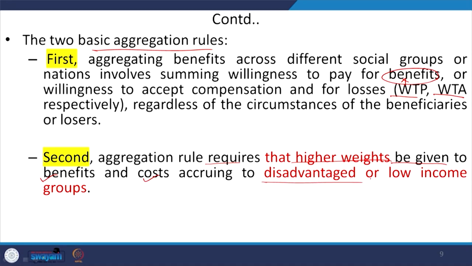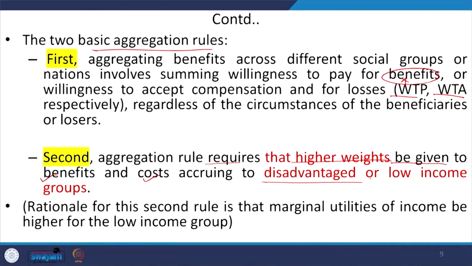Obviously, more weight would be given for the less privileged group, so far as the aggregation rules of costs and benefits are concerned. Then we are paying more weight to these less privileged groups, and then we are aggregating all the costs and all the benefits here in this estimation of cost benefit analysis.